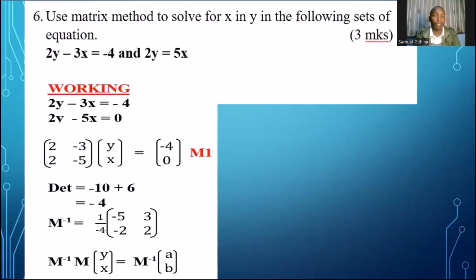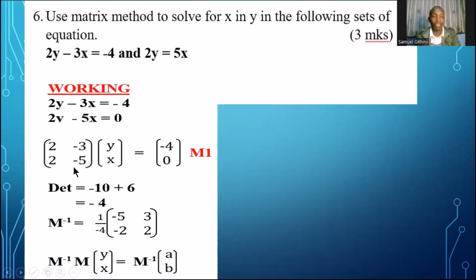So if I do rearrange, as you can see, my students, this is 2y minus 3x equals negative 4, the first equation there. The second one will be 2y minus 5x equals 0. Having done that, I can extract the matrix of the coefficients, the matrix of the variables, and the matrix of the constants, as I have done.